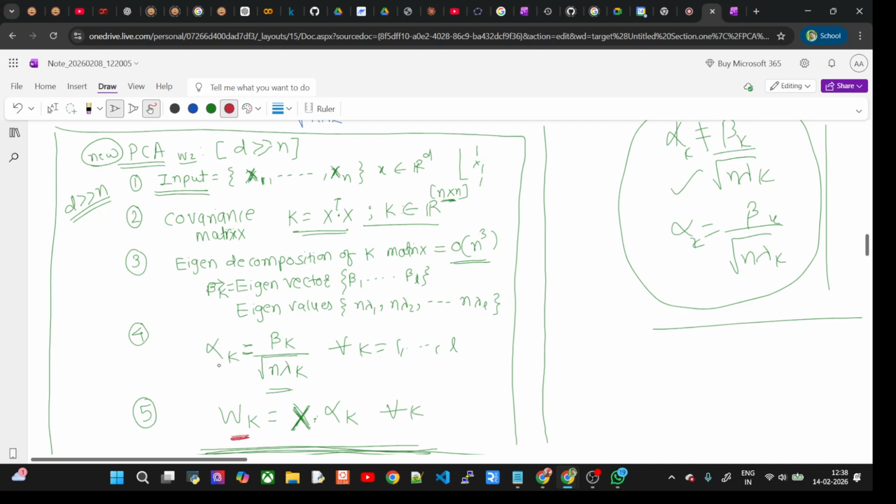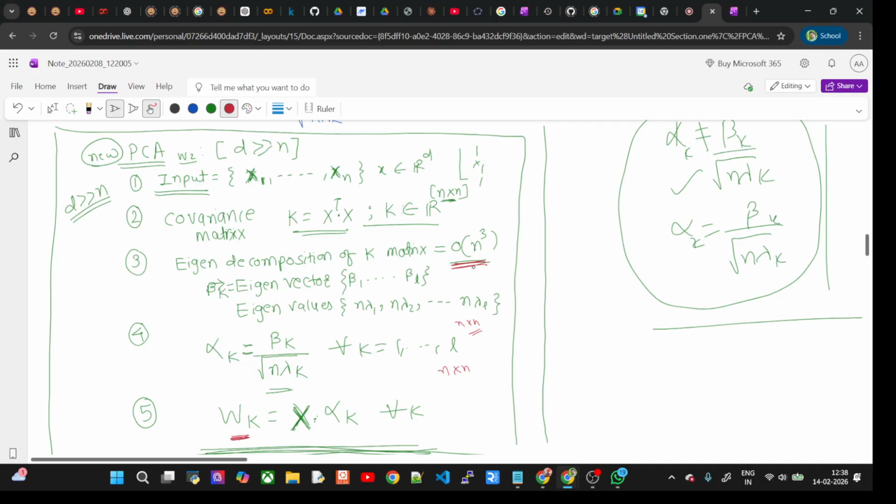Whatever alpha k you are getting, these are all n cross n. So instead of doing d cross d, which is the covariance matrix, and calculating eigenvectors and eigenvalues for that when d is greater than n, which is very time consuming, d cube, now here you need only n cube time complexity. That is what you were trying to achieve.